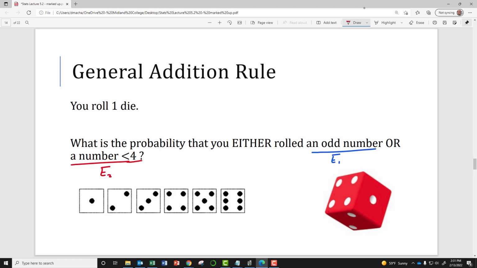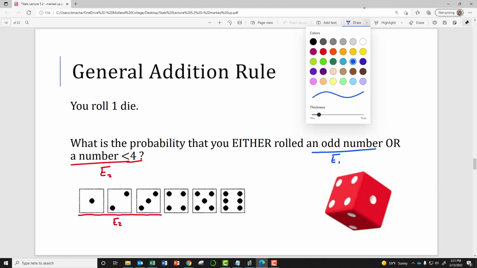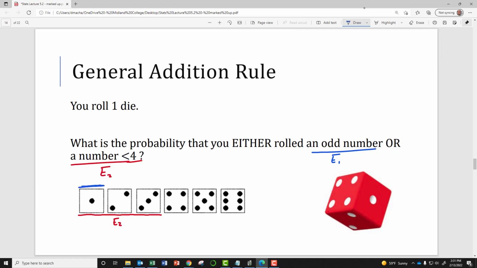And so let's point out that the numbers less than 4 would be these numbers belonging to event E2. But the odd numbers would be these, so 1, 3, and 5. Each of these belongs to event E1.